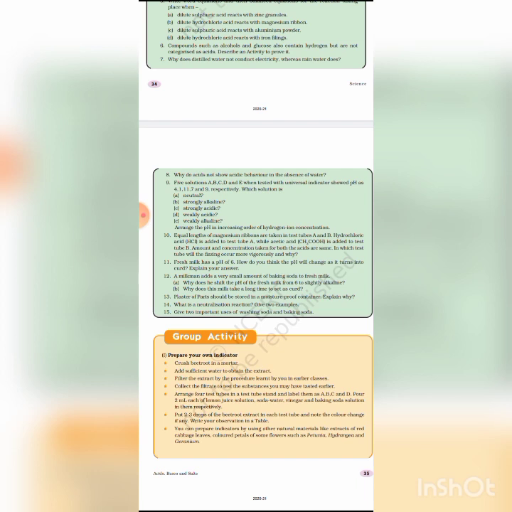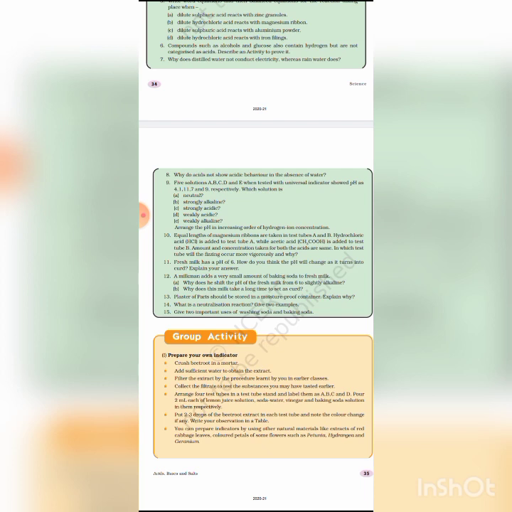Rainwater, while falling to the earth through the atmosphere, dissolves acidic gases like carbon dioxide and sulfur dioxide from the air and forms acids like carbonic acid, H2CO3, and sulfurous acid, H2SO3.